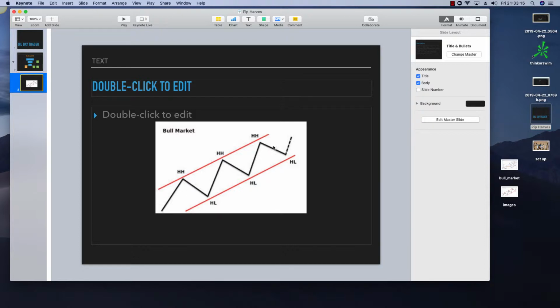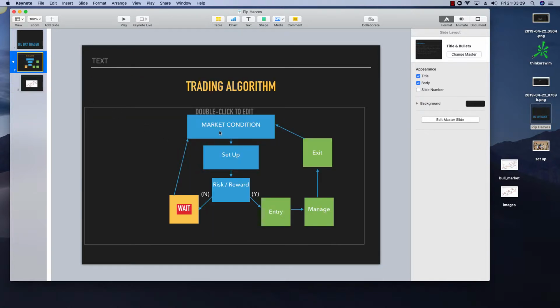So this is the market condition. Whatever the market condition you're in, that tells you what kind of setup you're looking for. So analyzing the market condition is always the first step.